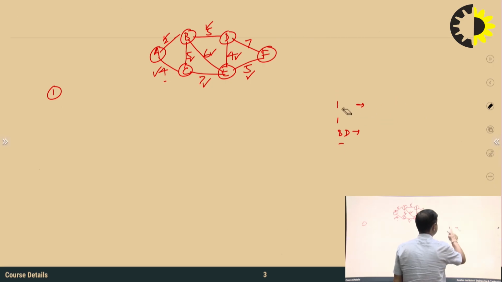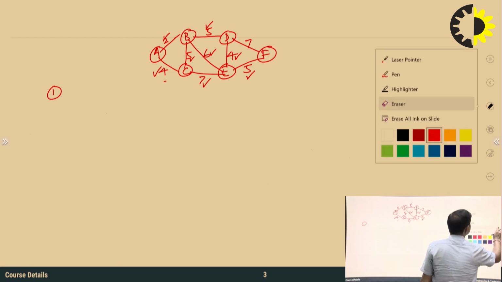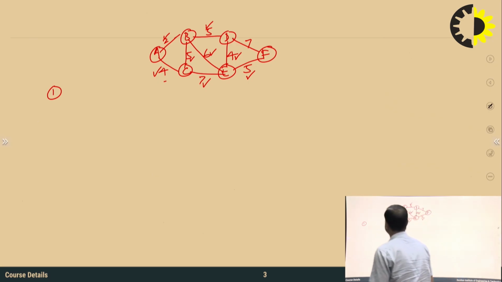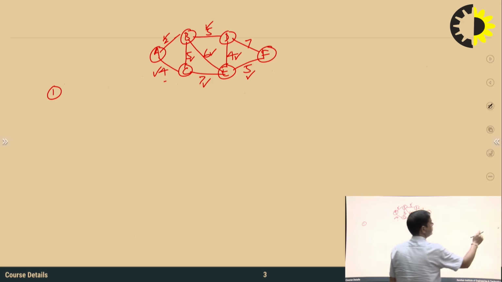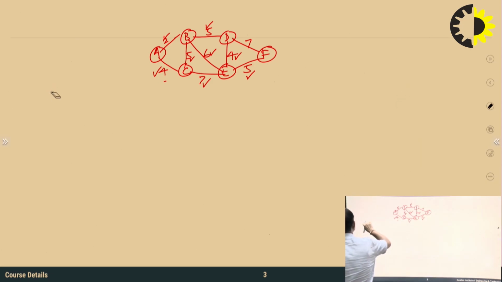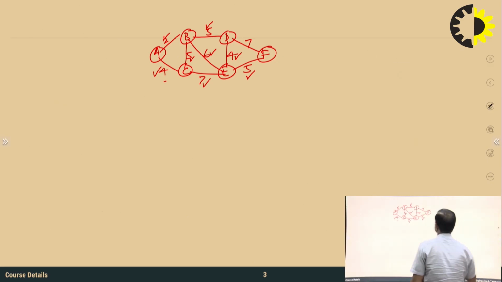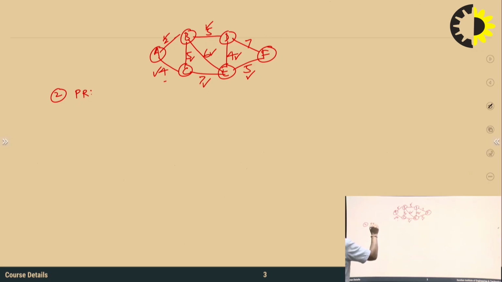The next method is Prim's algorithm. We will apply the same method on the above graph. And the second method is Prim's algorithm.